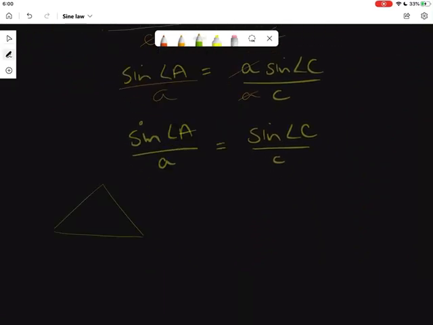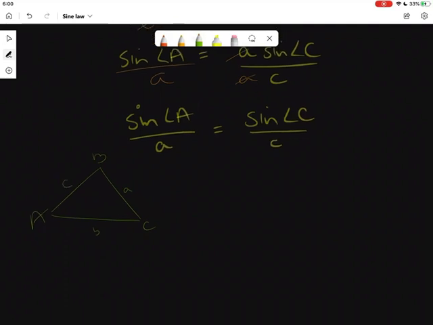So here it is: A, B, C, and then remember this is little b, this is little a, and this is little c. If you notice, when I take the sine of angle A right here and divide it by its opposite side length, that is the same as if I take the sine of angle C and also divide it by its opposite side length.